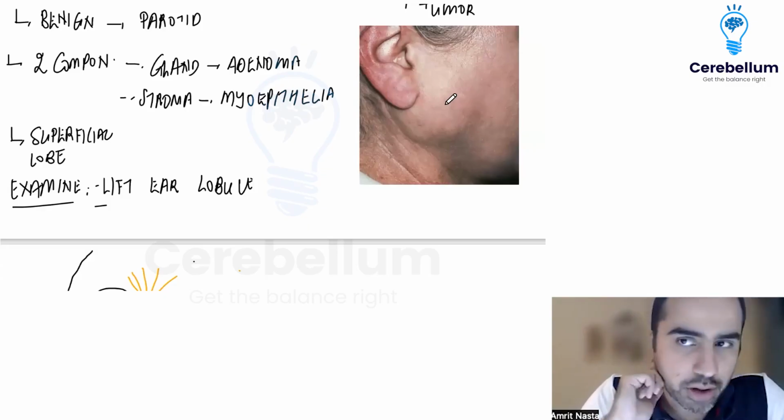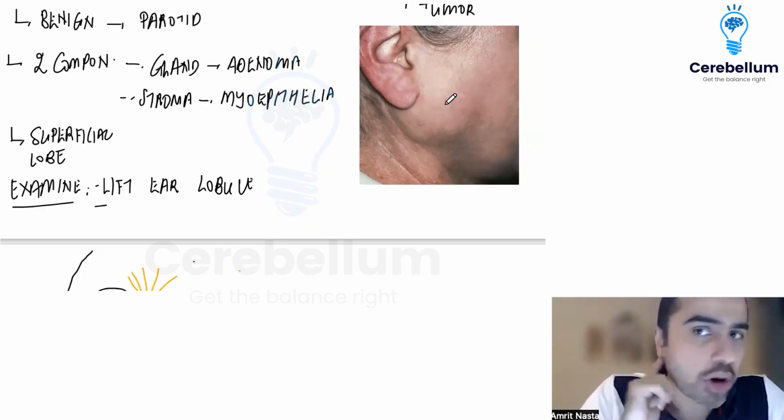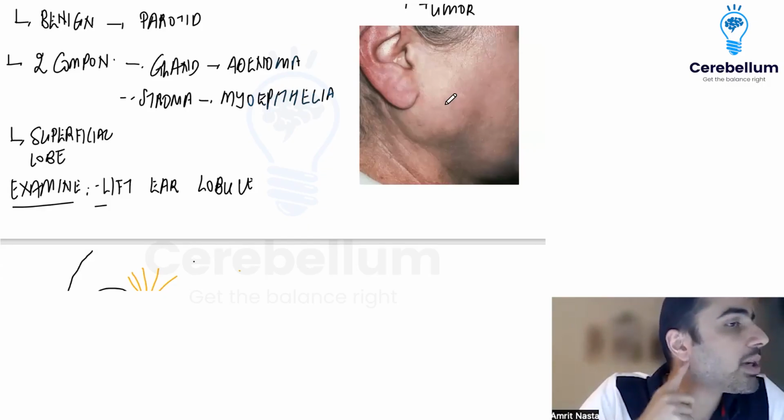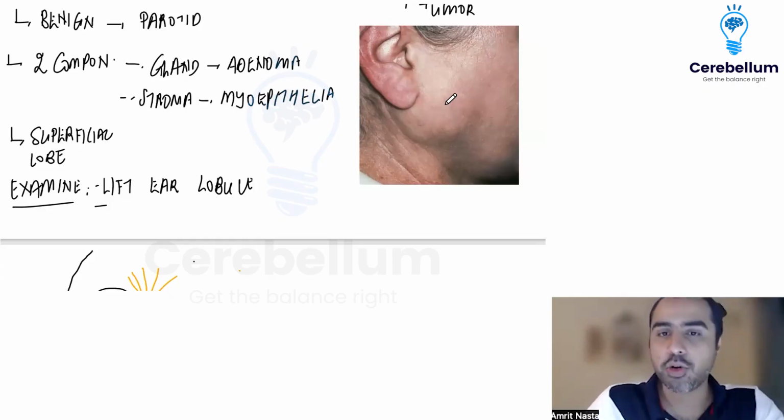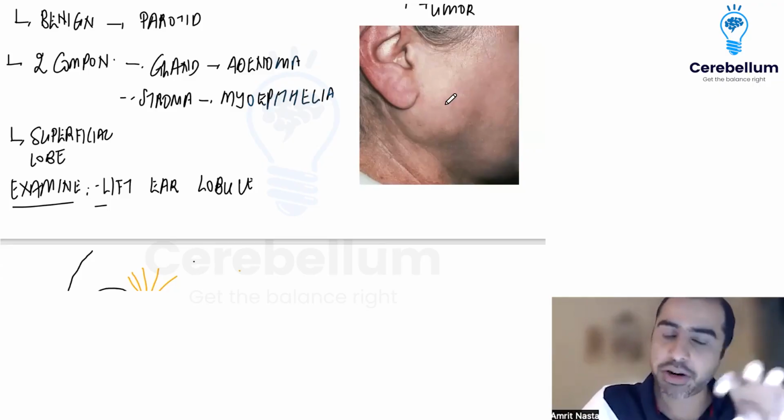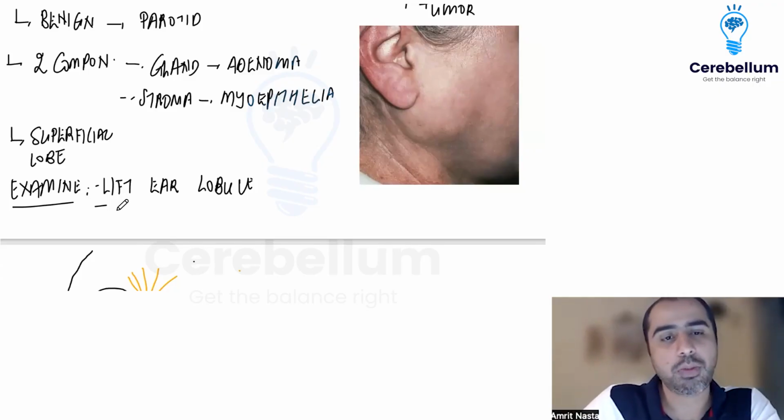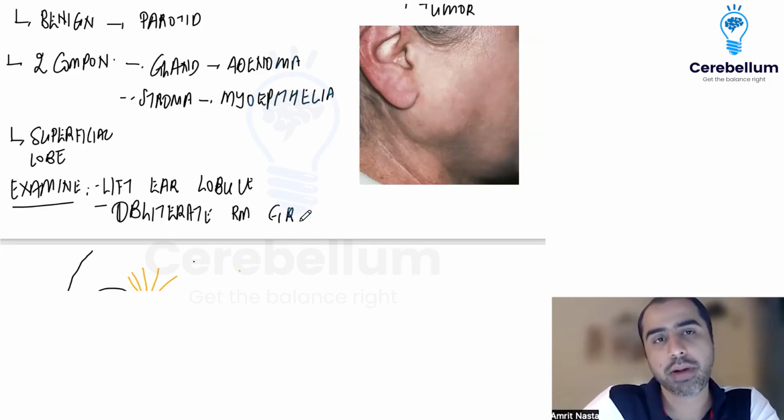You know, between your mastoid process and your jaw. यहाँ पर एक groove होती है. That is called retromandibular groove. This tumor will obliterate the groove. So it will obliterate the retromandibular groove. If you see any of these findings, it means it's a pleomorphic adenoma. It will obliterate the retromandibular groove.